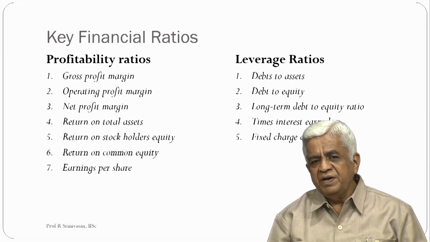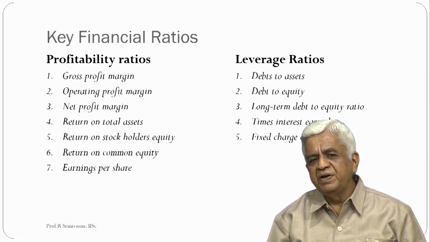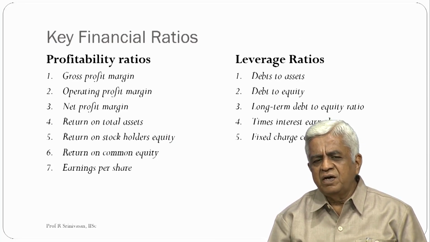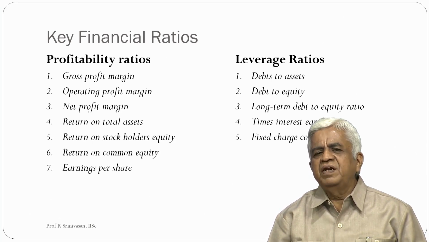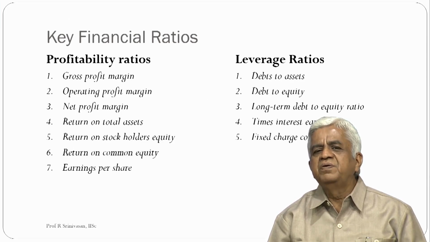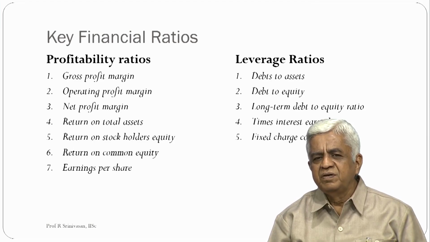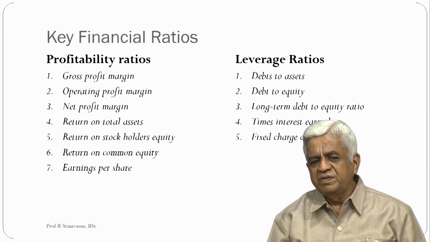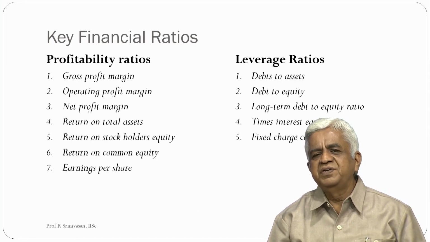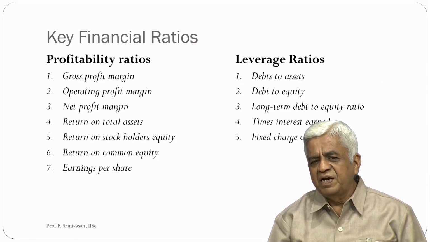Then the second ratio that you are going to look at is debt to equity. Suppose an organization operates only on debt, it is very difficult to provide return to the equity holders. In other words, the equity holders in a debt ridden organization will most of the time be left high and dry.